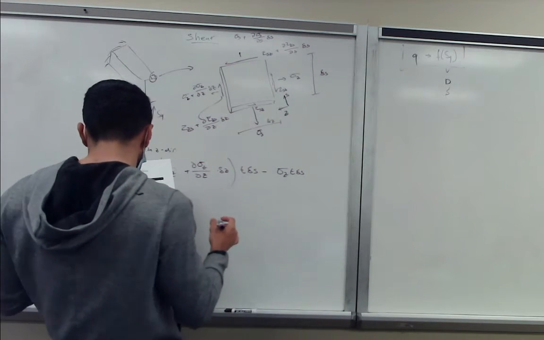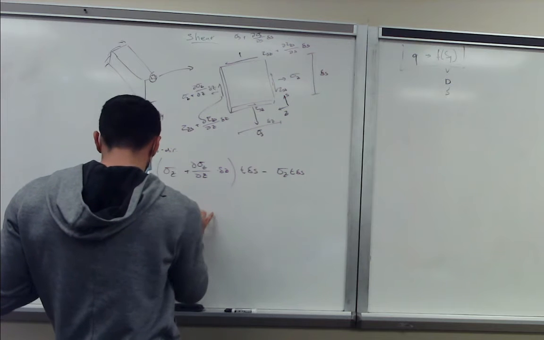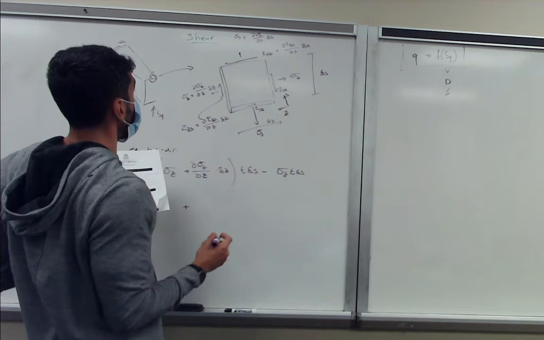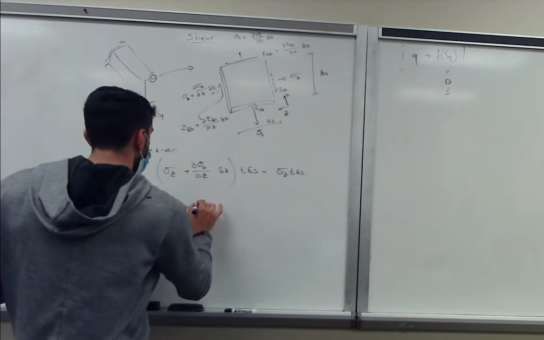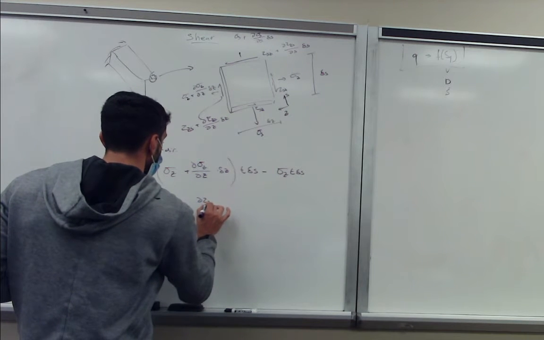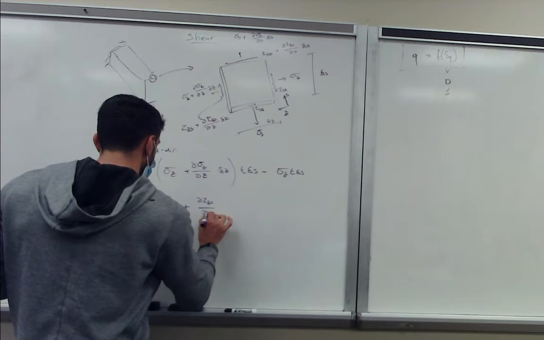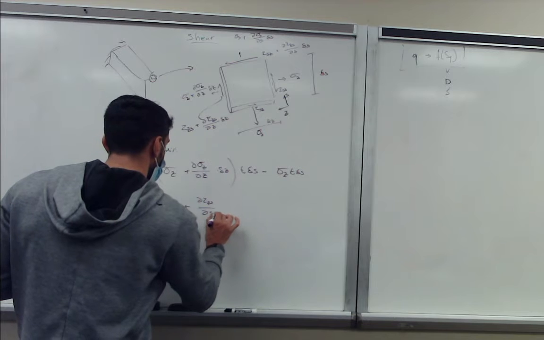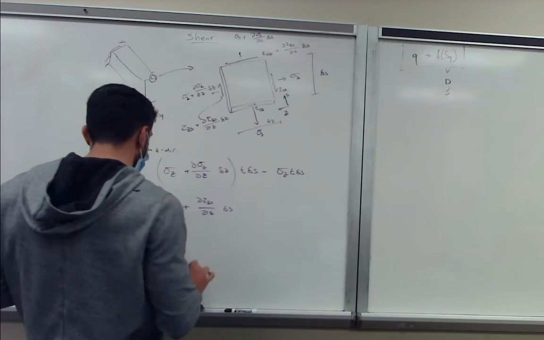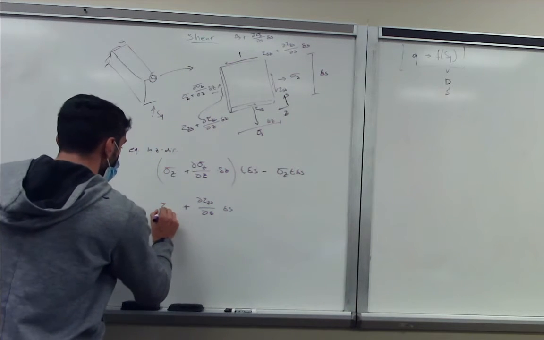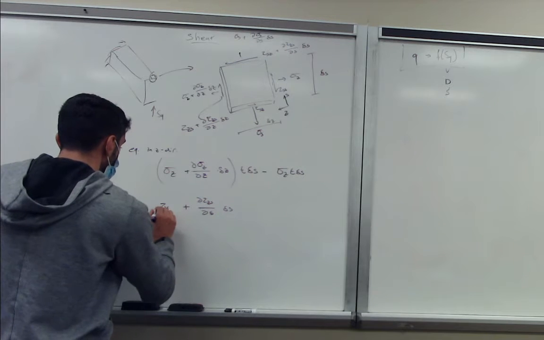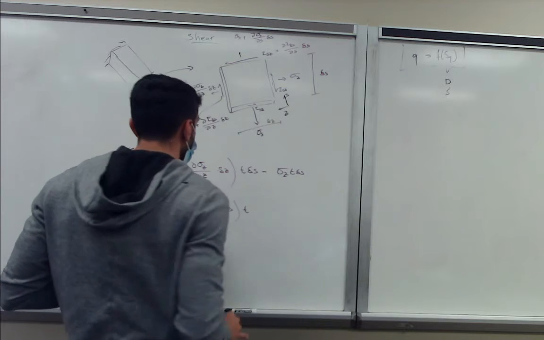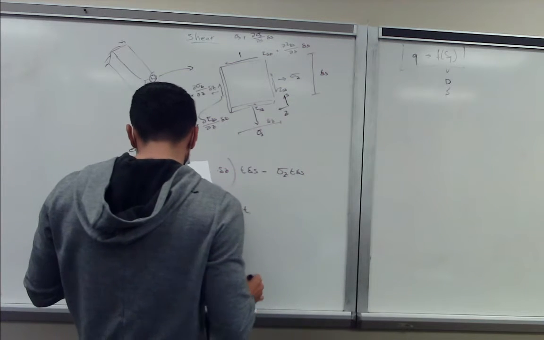So we get plus the variation of tau zs with s, delta s, and we also have tau zs here, and again we multiply by thickness, and in this case it will be dz.